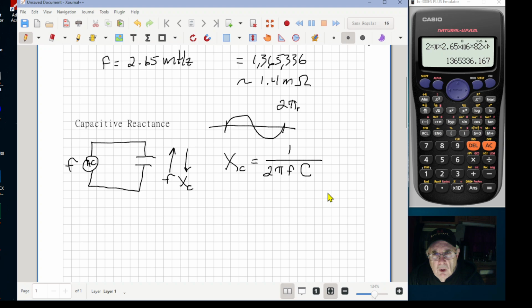Okay, so now that we know what the formula is, and we have some idea of why this is occurring, let's do a calculation. Let's keep the same frequency as we did for the inductor, 2.65 megahertz.